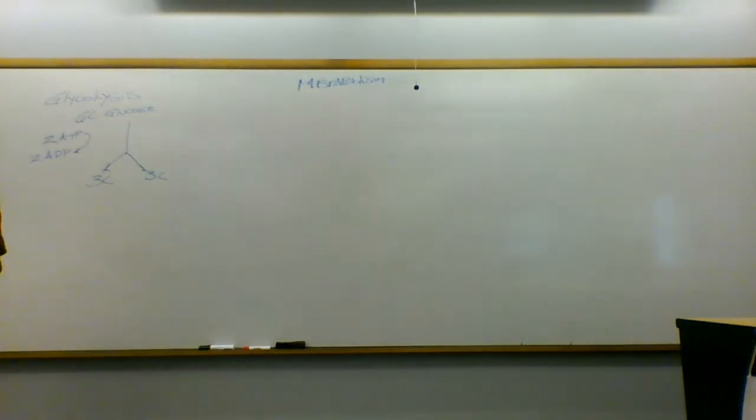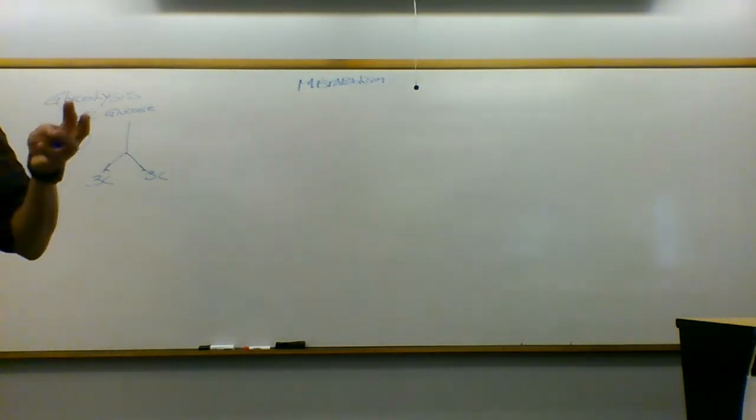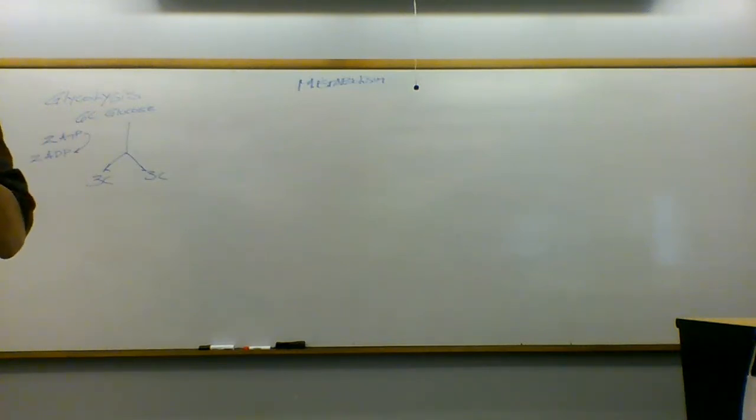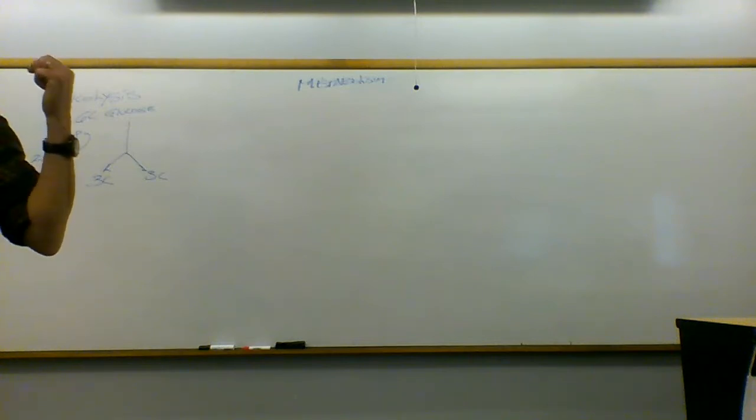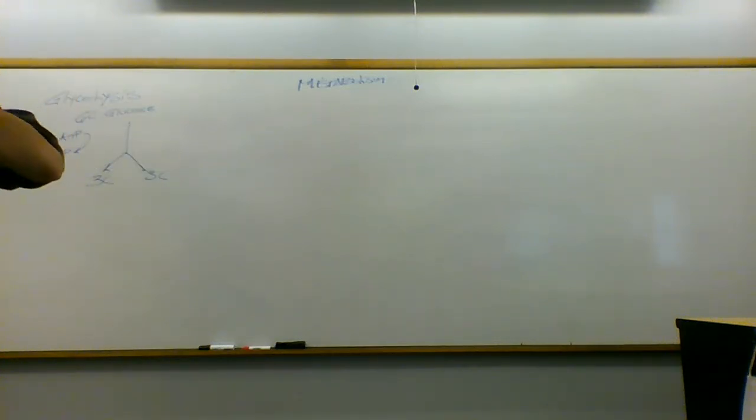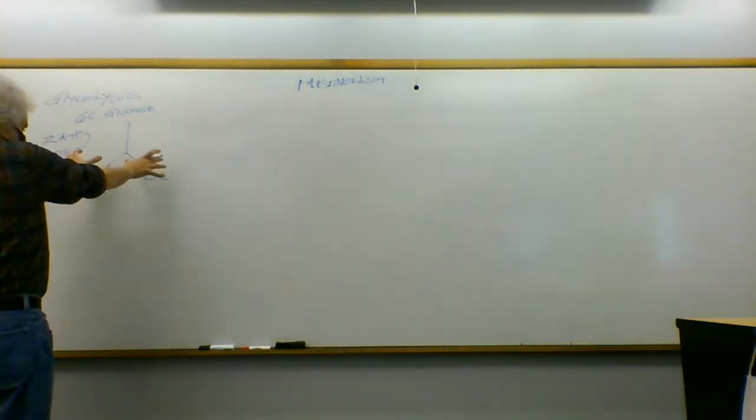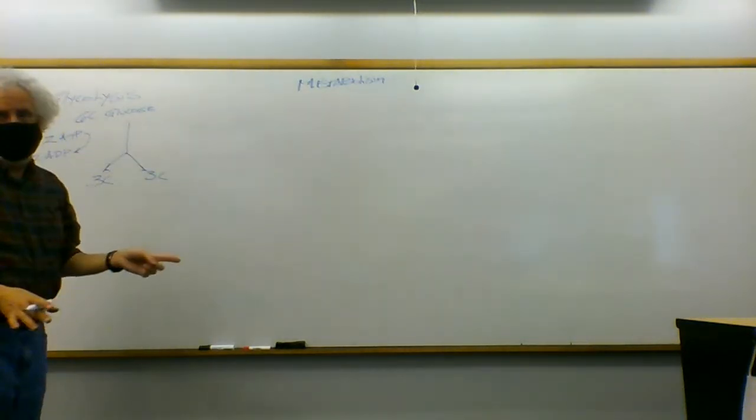And for you biochemical nerds out there, they are initially not identical 3-carbon molecules. One of them is phosphoglyceraldehyde. The other one is a different 3-carbon molecule. There's an isomerization reaction that makes it into the same. You don't care. The point is, we now have these reactions going on in parallel.